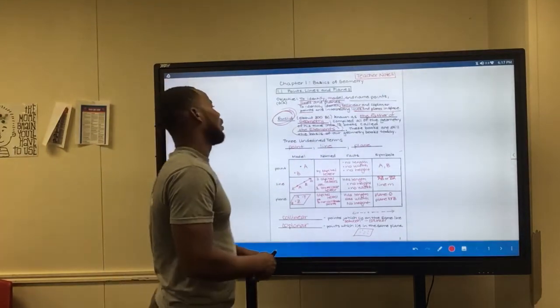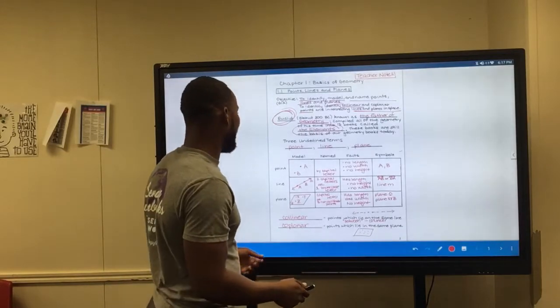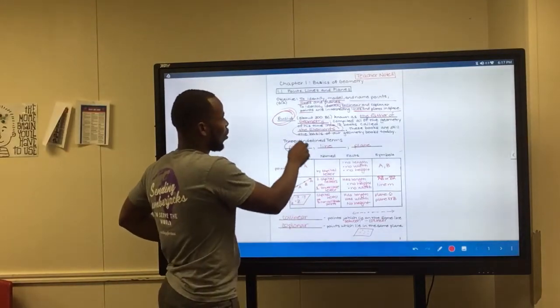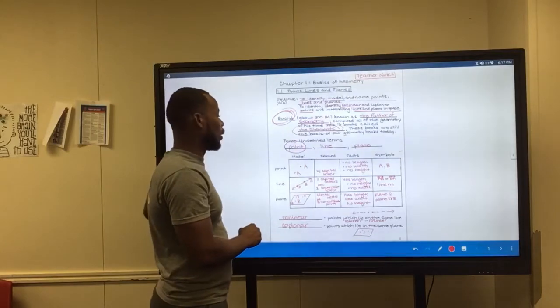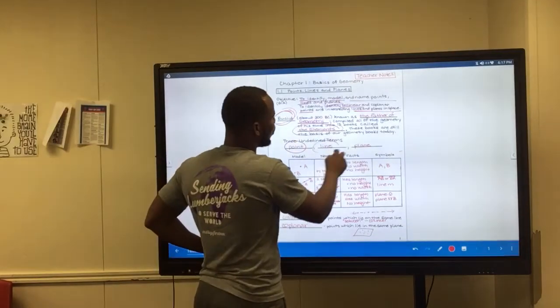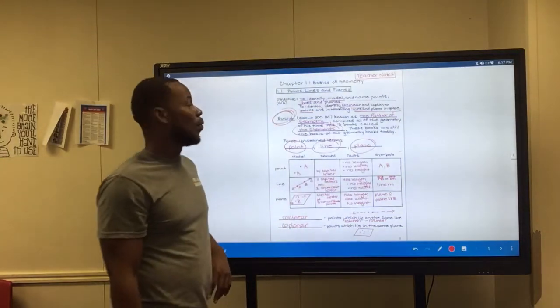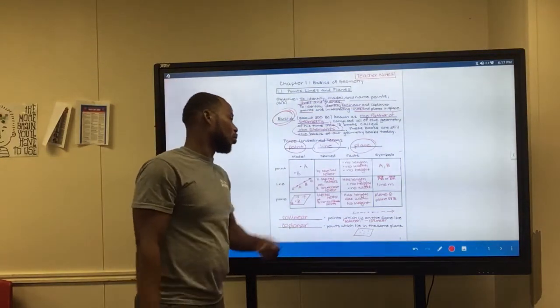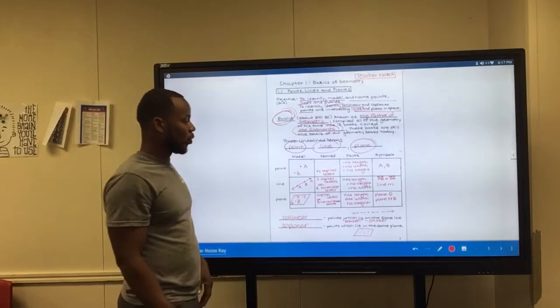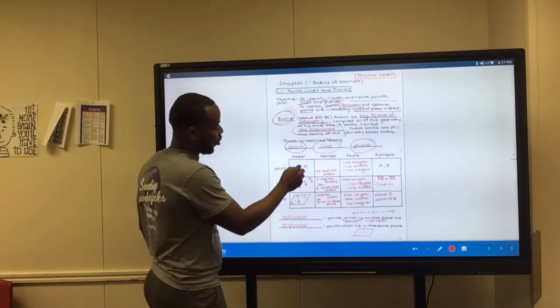So the terms we are going to define are these. Number one, we want to know what is a point. Number two, we want to know what is a line. And number three, we want to know about a plane. So a point: points are just dots that we make.